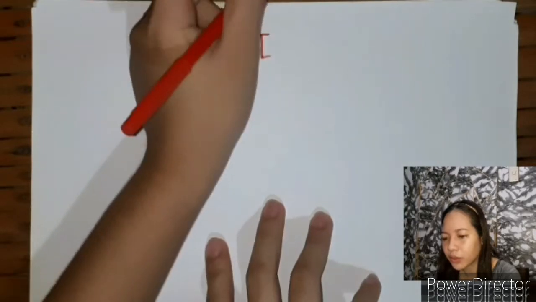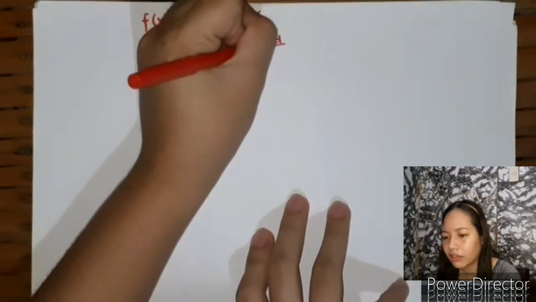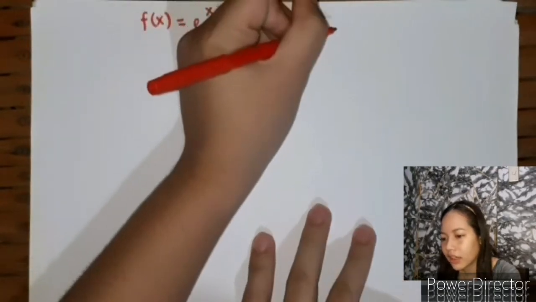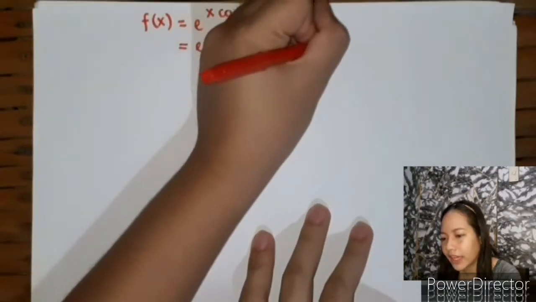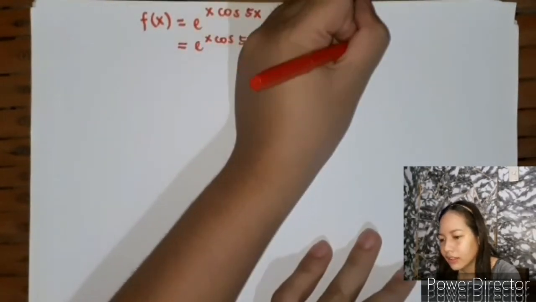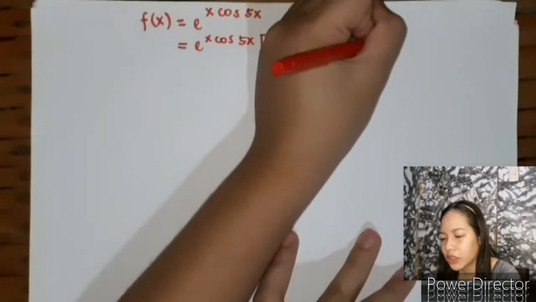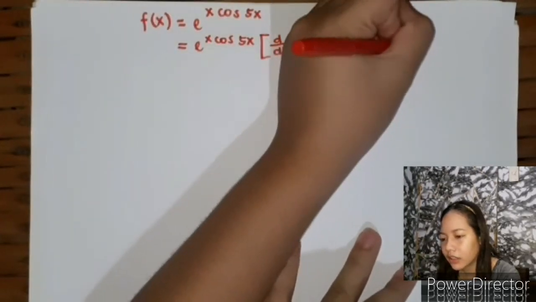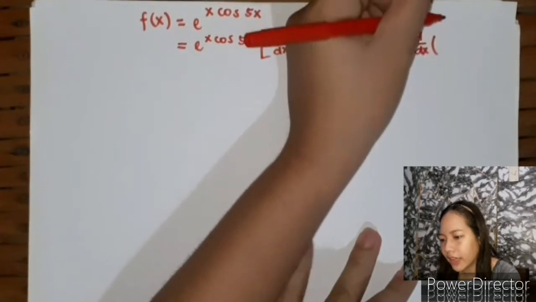We will use the product rule, which is the derivative of our first term, which is x, times cos 5x, plus, just copy the first term, which is x, and then we get the derivative of cos 5x.